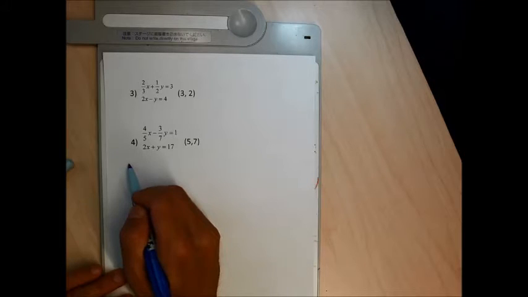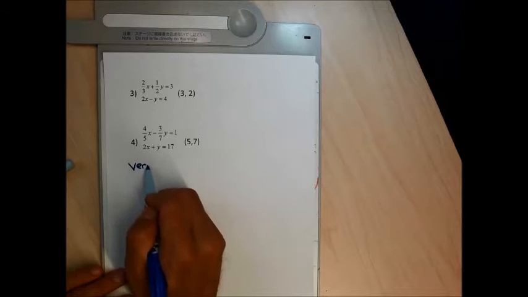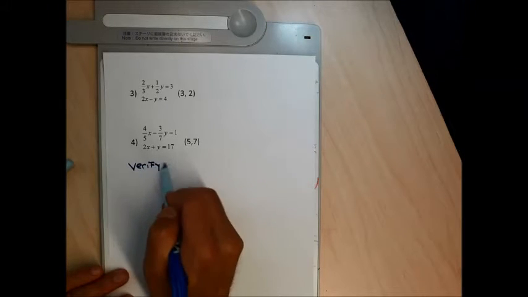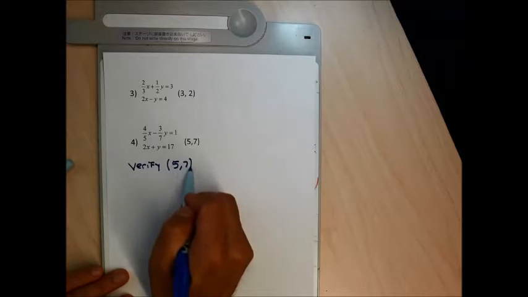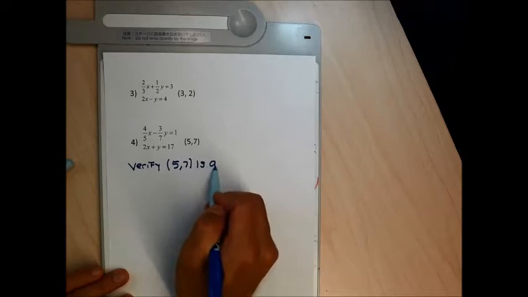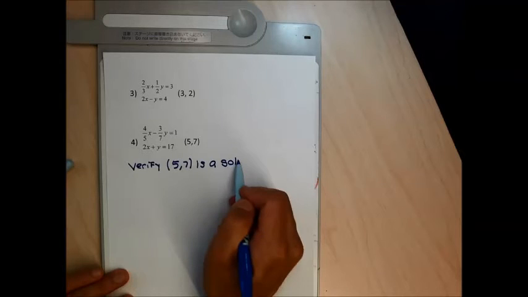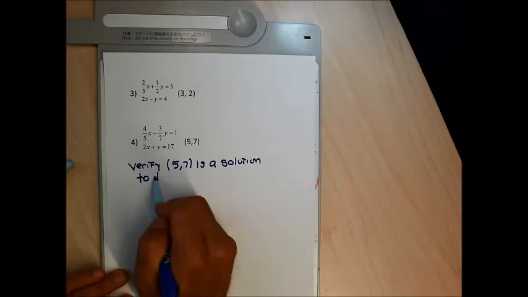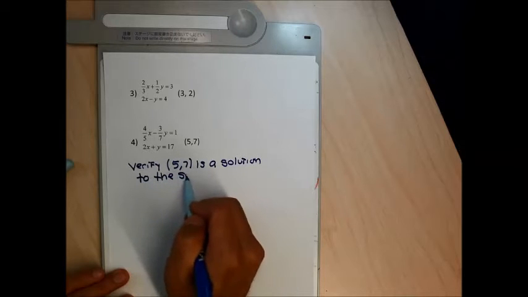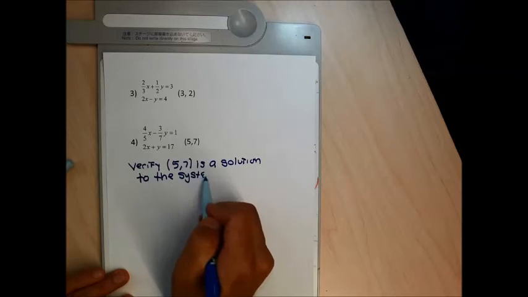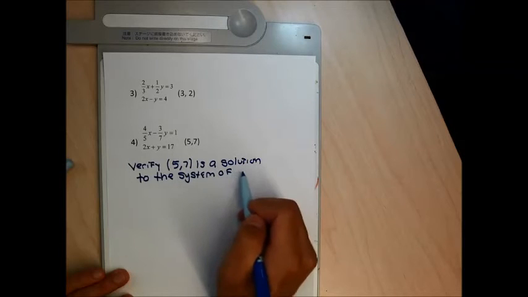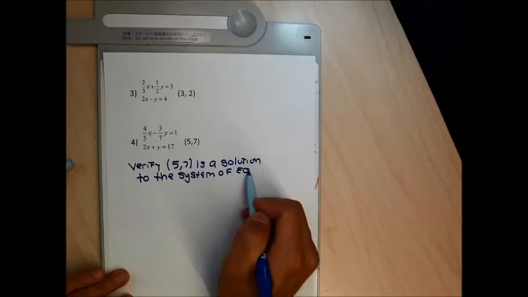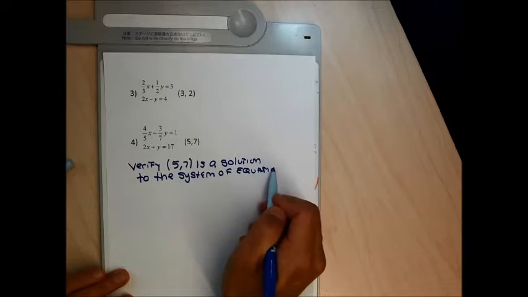So I'm going to verify that the point 5, 7 is a solution to the system of equations by plugging in 5 for x and 7 for y into both equations.